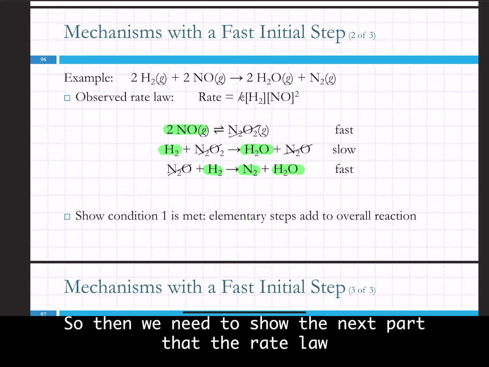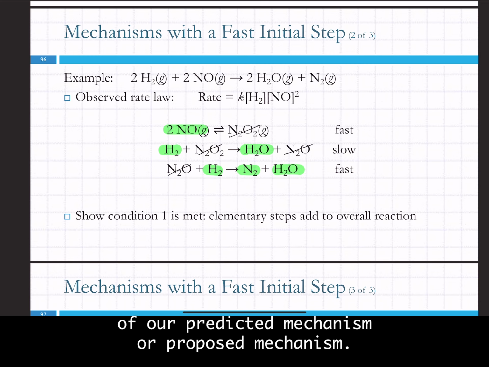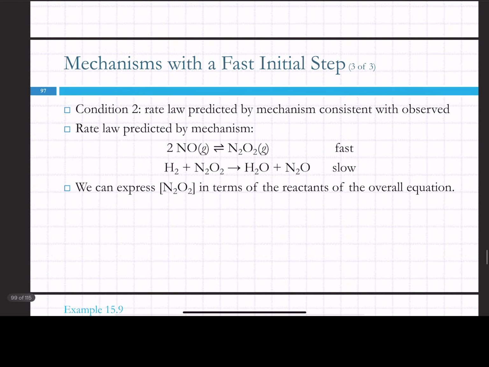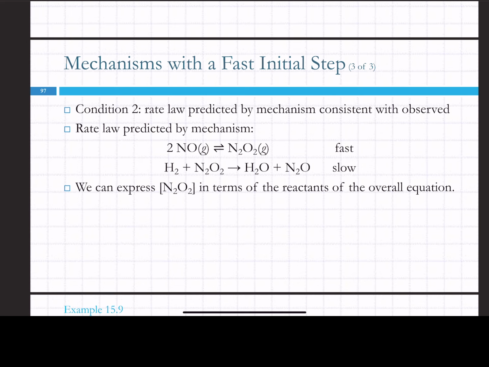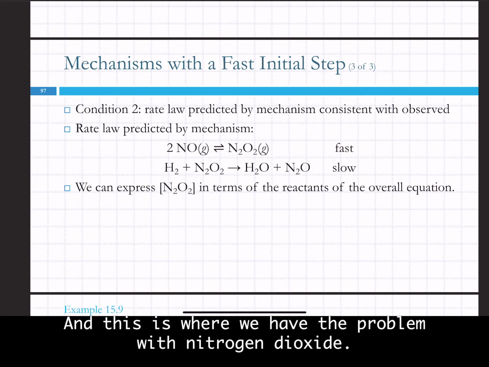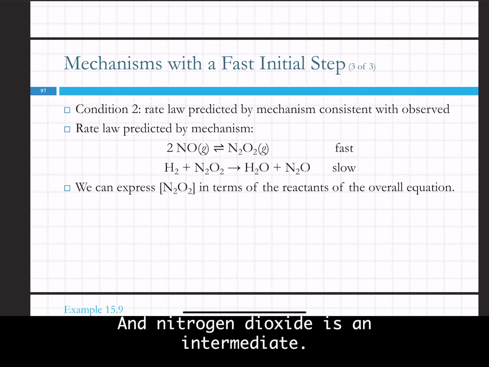All right, so then we need to show the next part, that the rate law of our predicted mechanism, or proposed mechanism, will match that of the overall experimental rate law. And this is where we have the problem with dinitrogen dioxide. Dinitrogen dioxide is an intermediate.